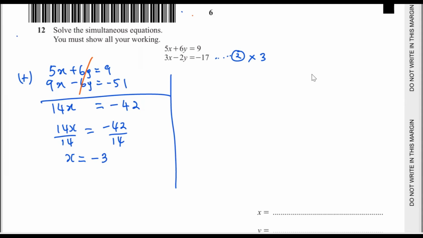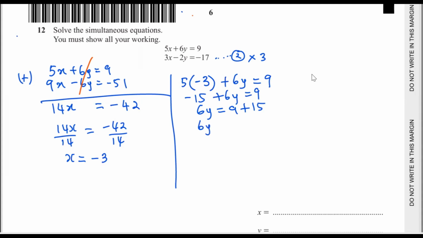What will be the value of y? Let's go back to one of the equations. Let's take equation 1 and put in the value of x there so that we can get the value of y. Then this is minus 15 plus 6y equals 9. So 6y is going to give us 9 plus 15.